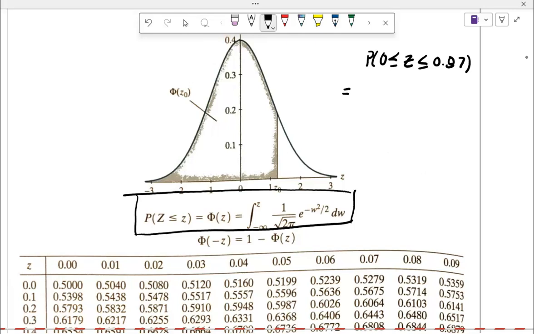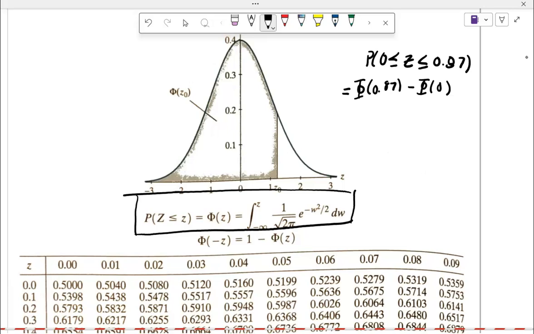If we're using phi, whichever way you want to call it. Good. That's how we would do it as cumulative distribution functions.